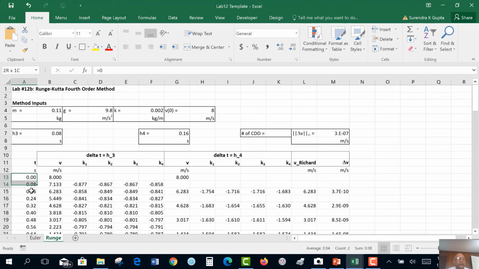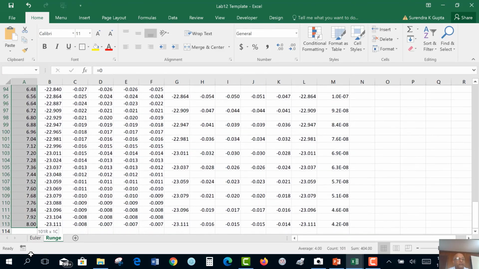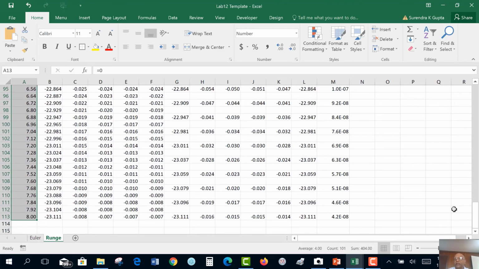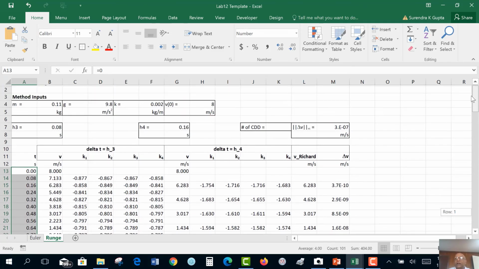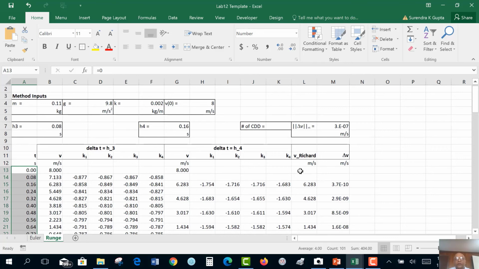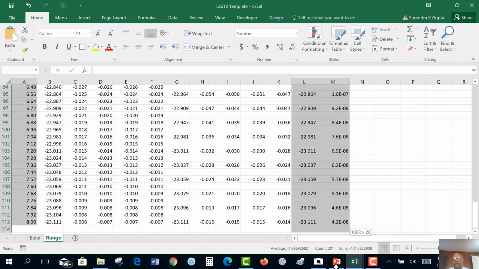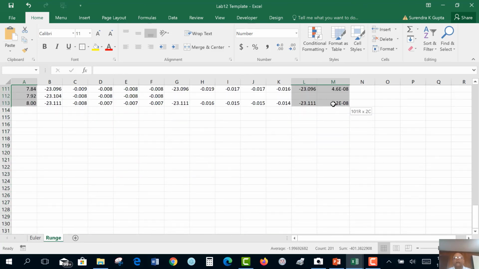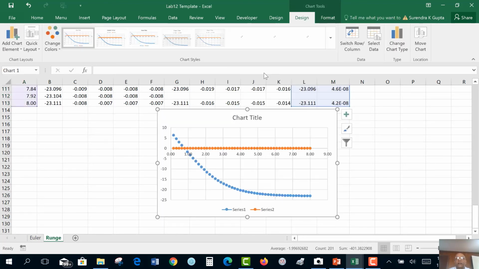So let's take time, x-axis, and we are going to take these last two columns and we are going to insert a plot.